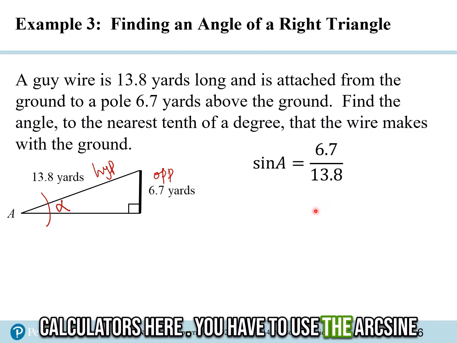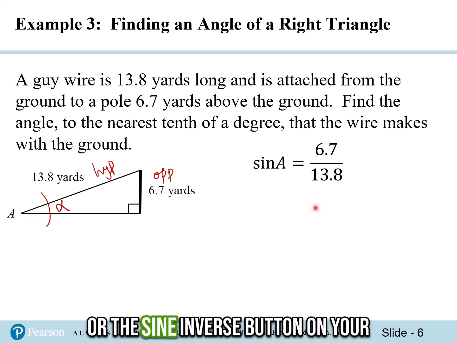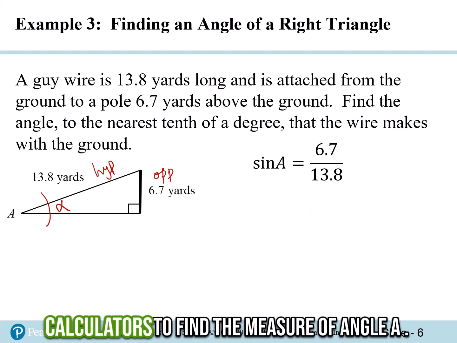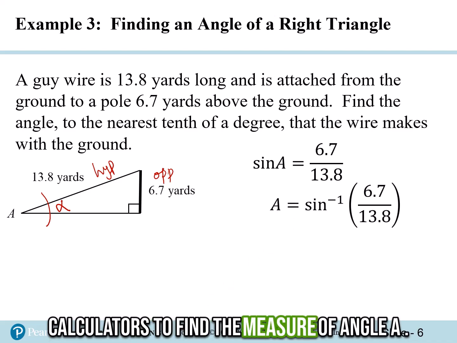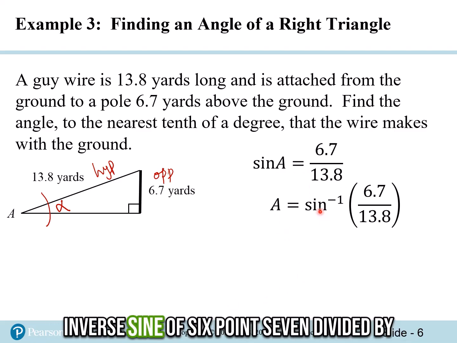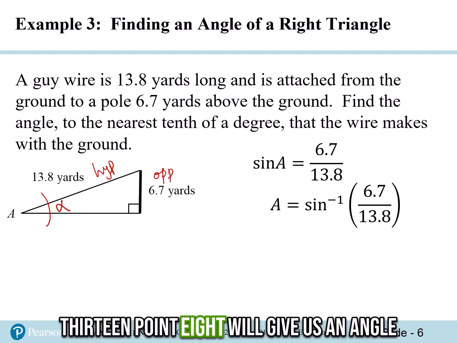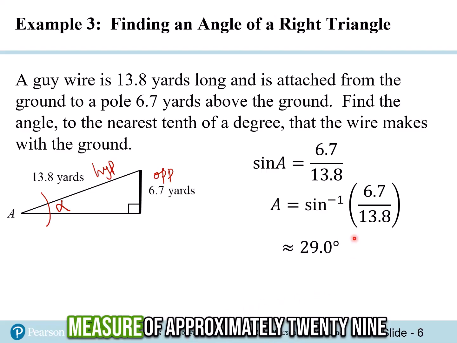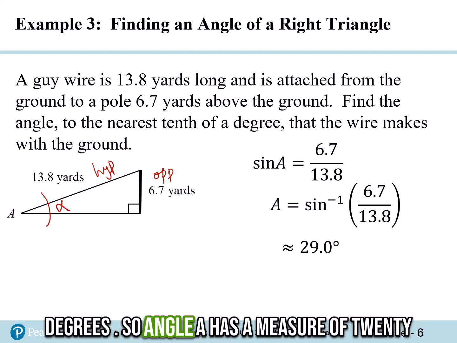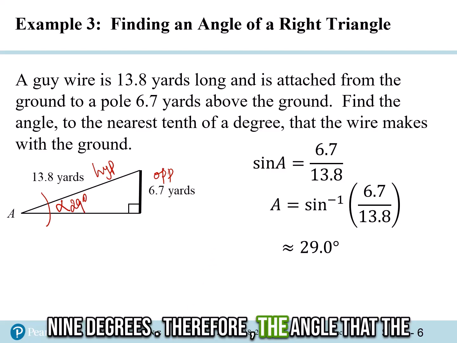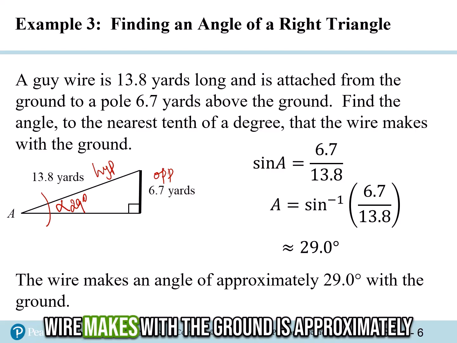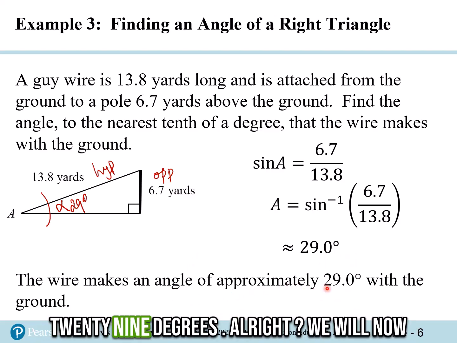You have to use the arc sine or the sine inverse button on your calculators to find the measure of angle A. Inverse sine of 6.7 divided by 13.8 will give us an angle measure of approximately 29 degrees. So angle A has a measure of 29 degrees. Therefore, the angle that the wire makes with the ground is approximately 29 degrees.